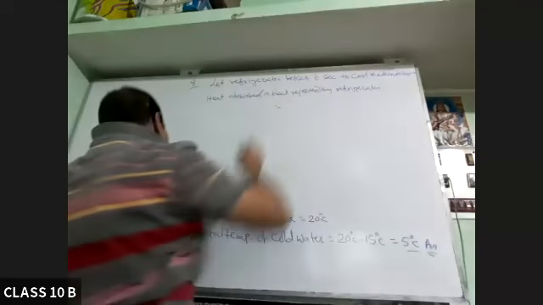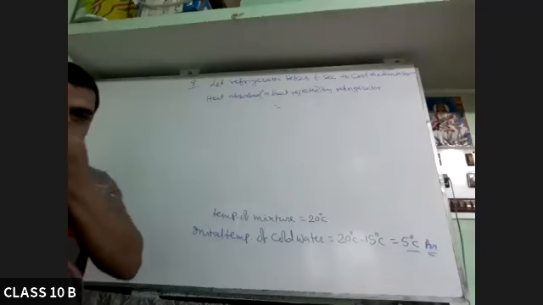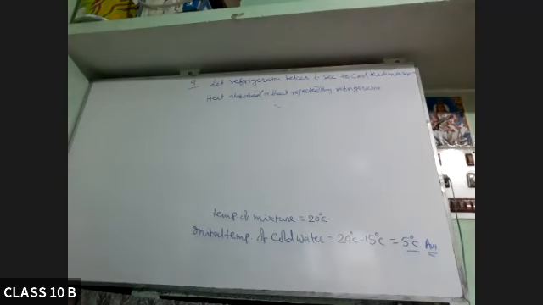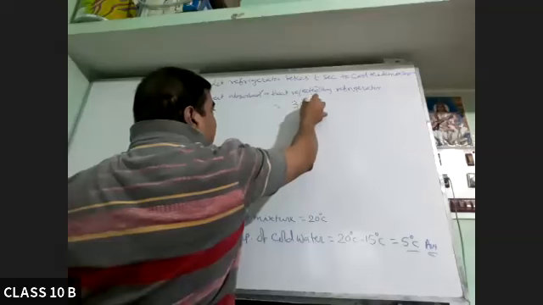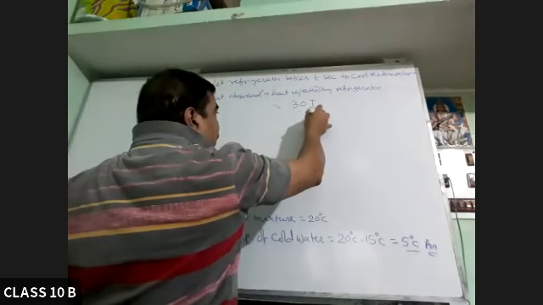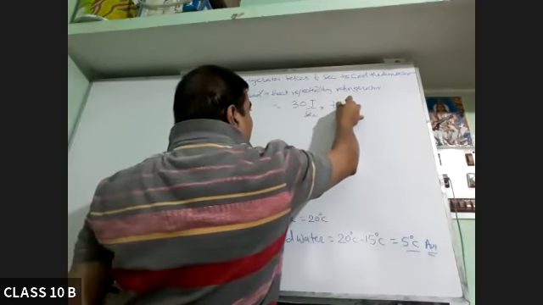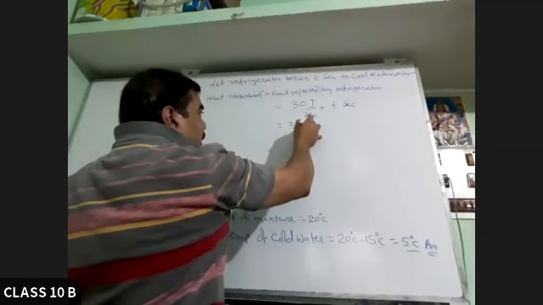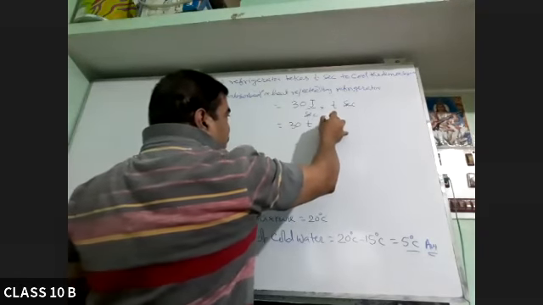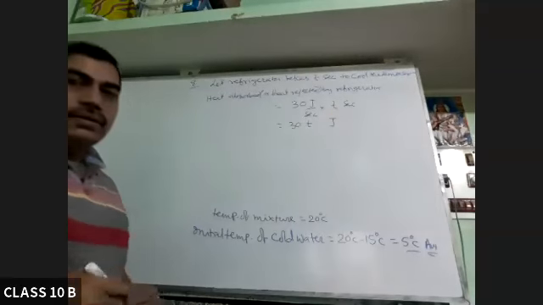It is said that in 1 second it can reject 30 joule of heat, 30 joule per second. So it will become 30 joule per second into T second. So seconds cancel, and it will become 30 into T. This much joule is the heat rejected.